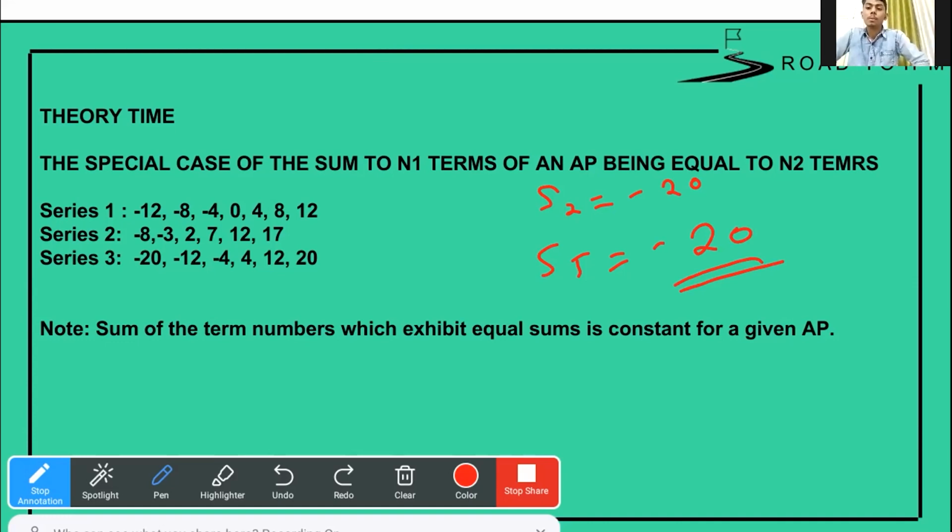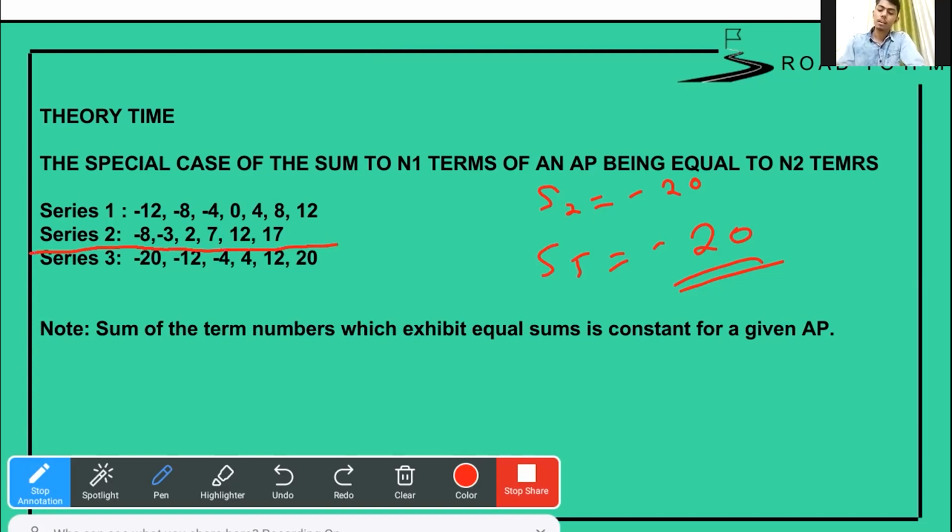Let's see what the note is. The sum of the term numbers which exhibit equal sums is constant for a given AP. Before getting into all that, let's see when these kinds of cases occur. Let's see if series 2 also has a similar idea.